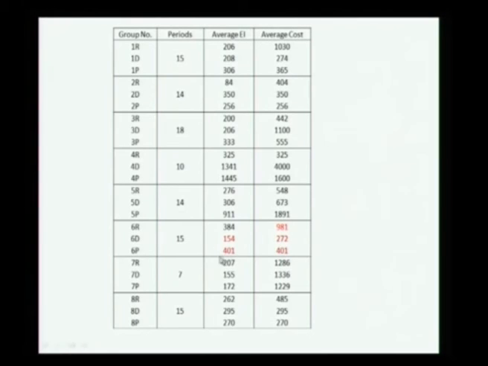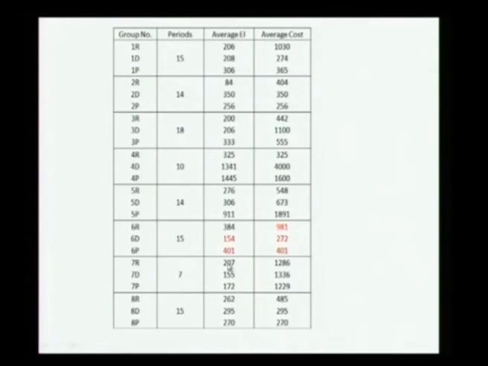Now we realize that information sharing helps in reducing the average inventory in the system. Now we should also keep in mind that since this is a game that is played in a classroom, one cannot make a lot of accurate comparisons, but one can only try to understand some meaningful inferences that come out, which I will try to do right now. So I am trying to explain that the average inventory in the system comes down when we have information sharing.